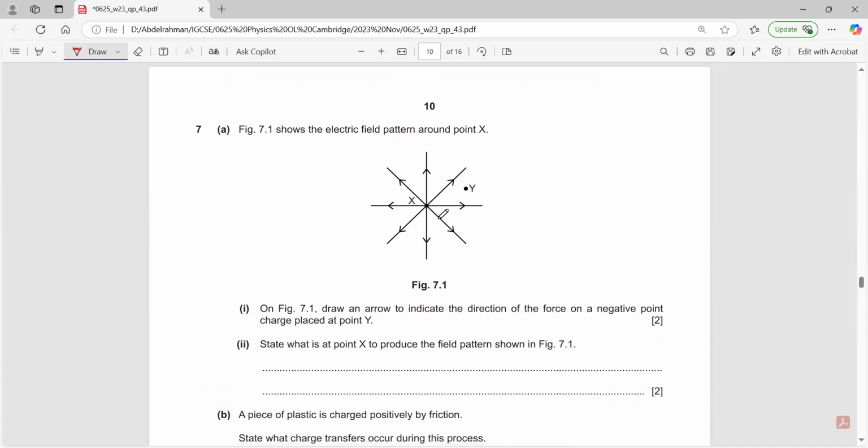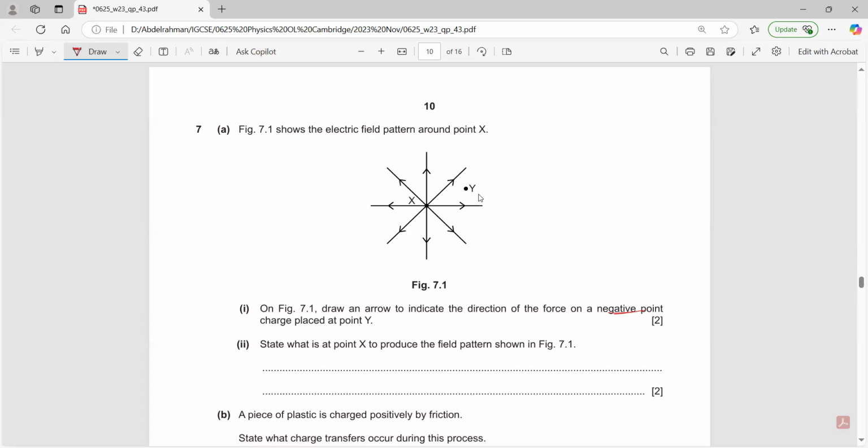Figure 7.1 shows an electric field around point X. Draw an arrow to indicate the direction of force on a negative charge Y. In which direction will this negative charge move? Will it move inwards or outwards?